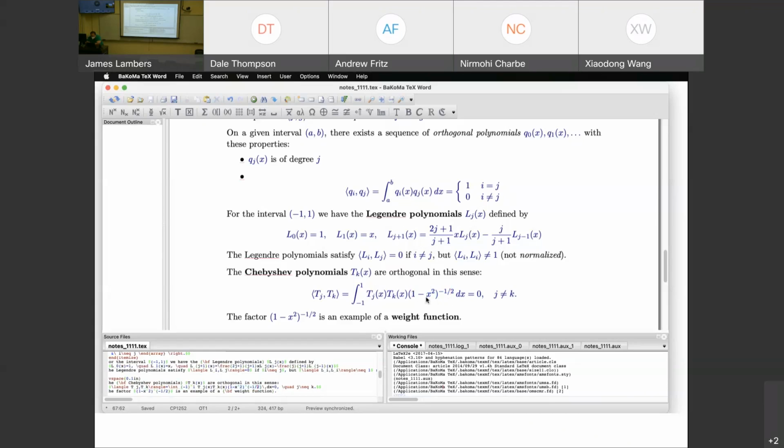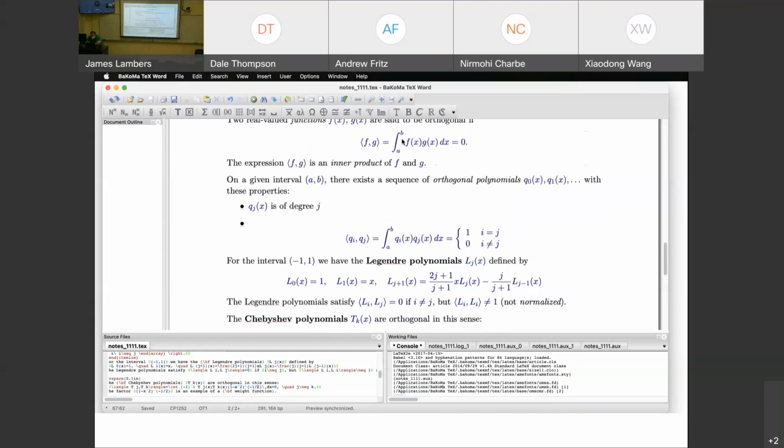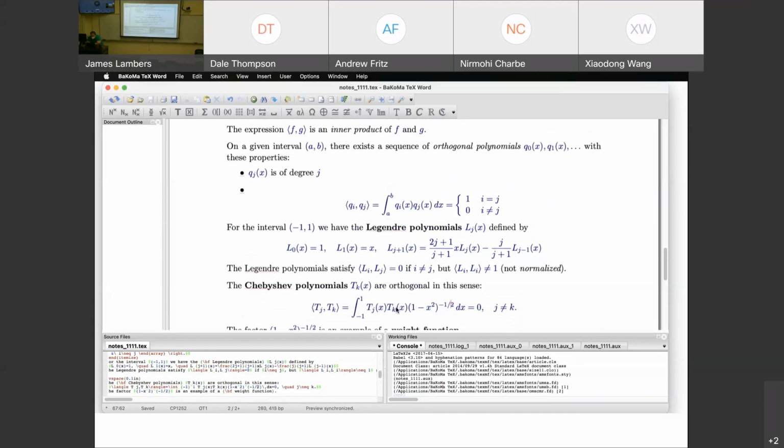So it's a different inner product than this one right here, because this one does not feature a weight function. So Chebyshev polynomials are orthogonal with respect to this weight function, (1 minus x squared) to the minus 1/2. Which is interesting because this function is undefined at the endpoints of the interval, but it's defined everywhere inside.